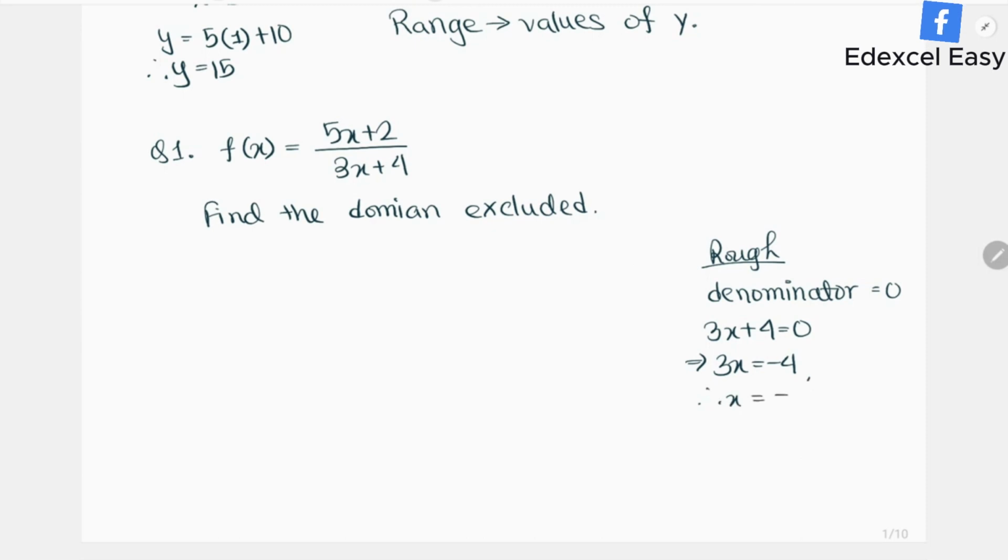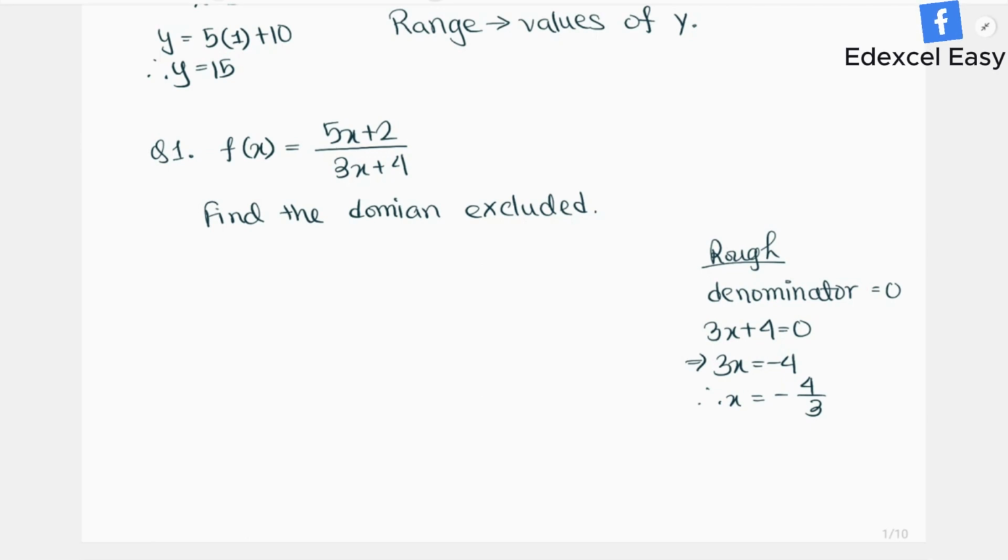So you get x equals minus 4 over 3. So this is the value of x which could be the value that is not included in the list of domain. For example, in this maths, maybe the list of domain can contain 1, 2, 3, 4, 5, 7, 8, 9, 10, everything except for this one value.